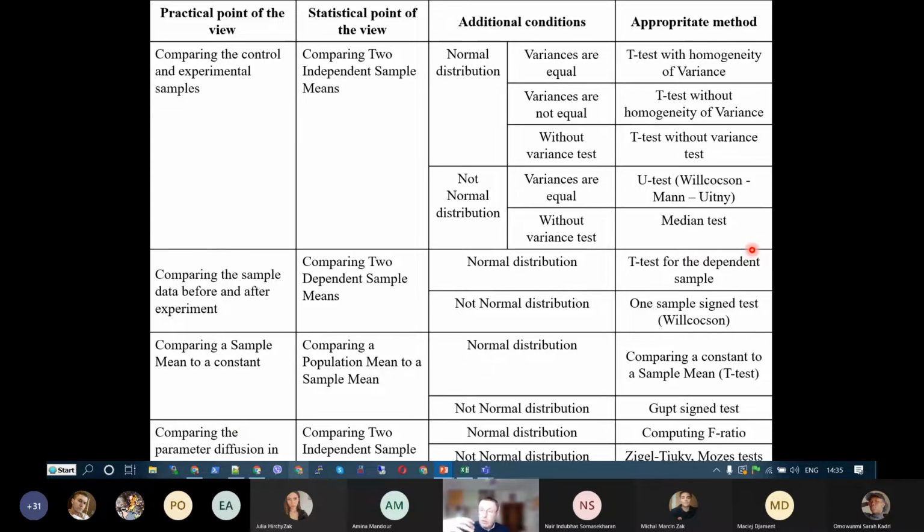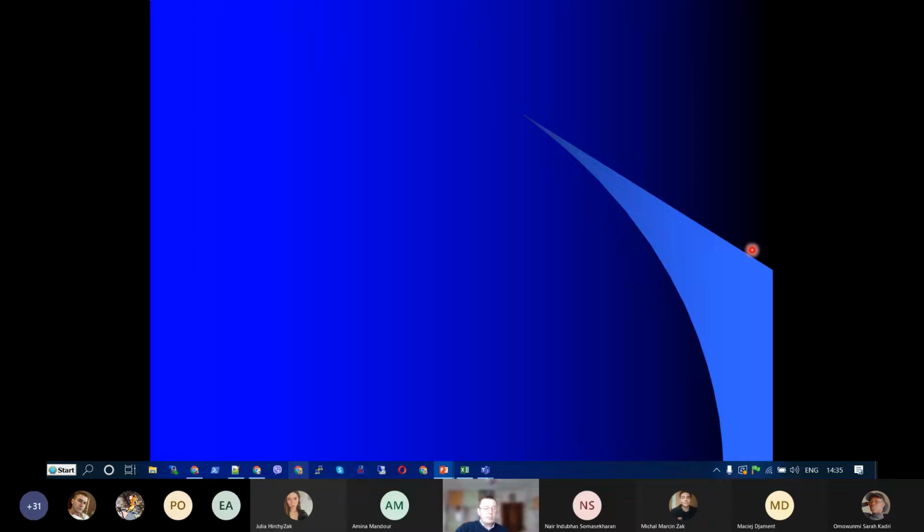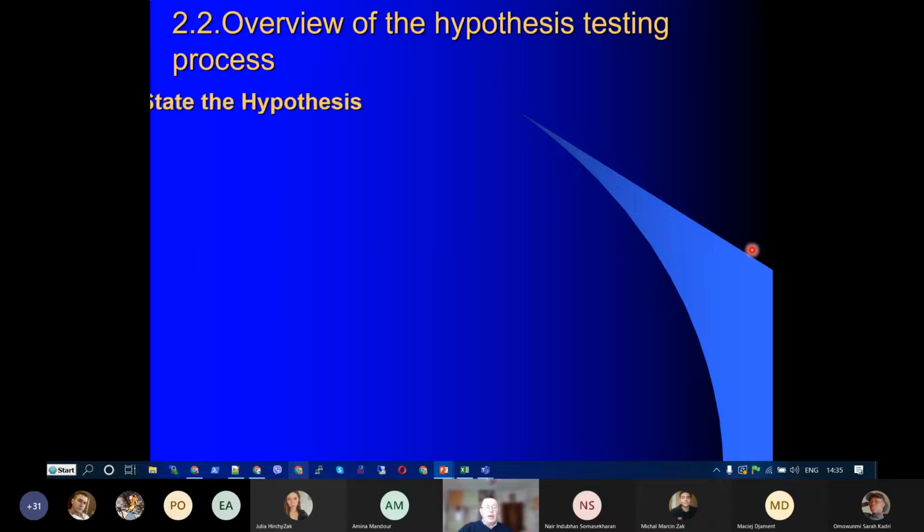So it could be absolutely technically correct and mean nothing. Or even worse, because you can make a conclusion like an effect is present where there is no evidence of it.